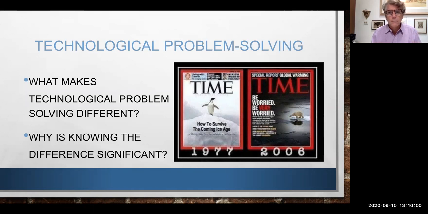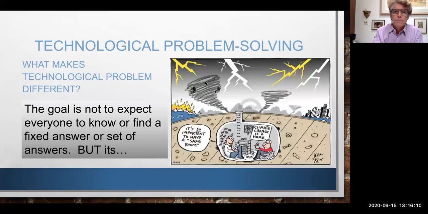With a technological problem, it's usually simpler, that usually there is more of a single source that can be addressed. Okay. So what makes technological problems different? The goal is not to expect everyone to know or find a fixed answer or set of answers, but it's, what do you think comes next?